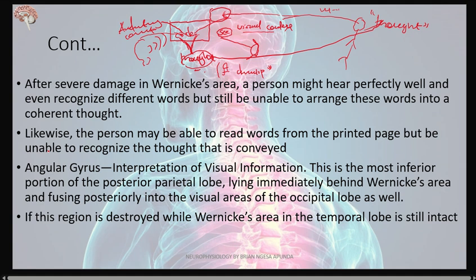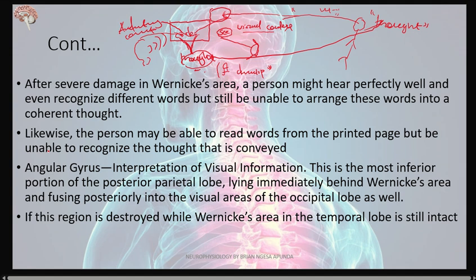A good example would be an individual with this disease. In society, most people are likely to say, "huyu mtu hajui kusoma." It could be that their angular gyrus is not well developed, or there is a disease process that does not make sense of what they are saying in terms of words.